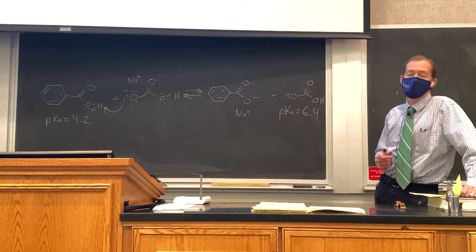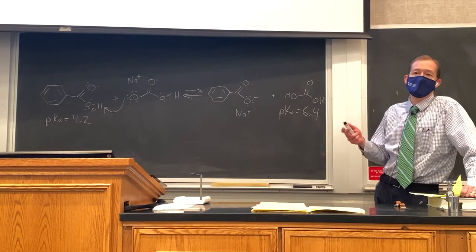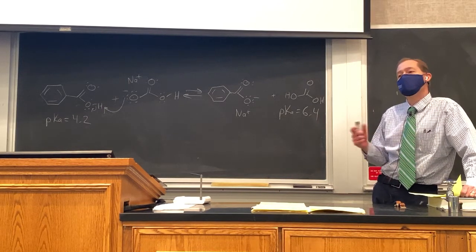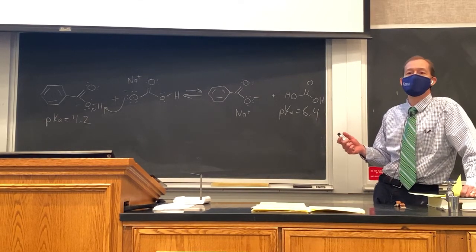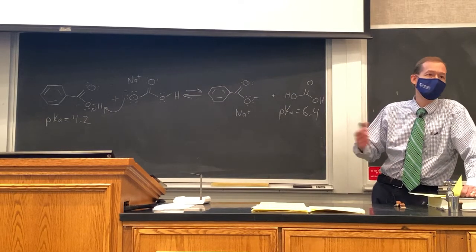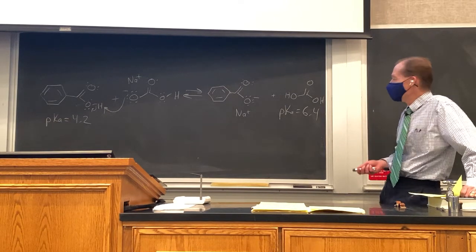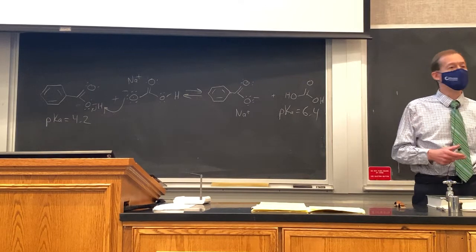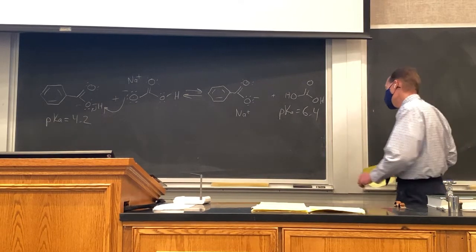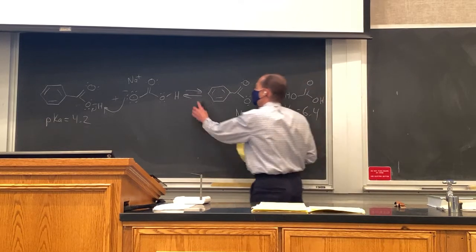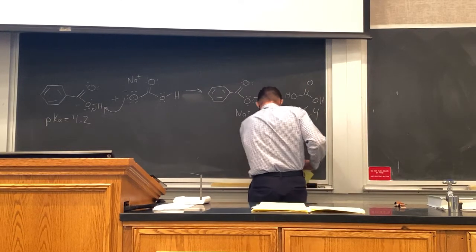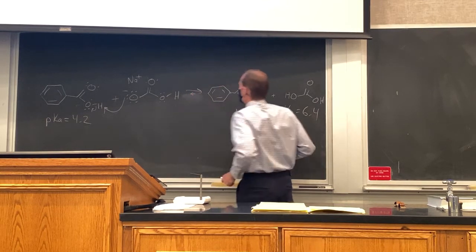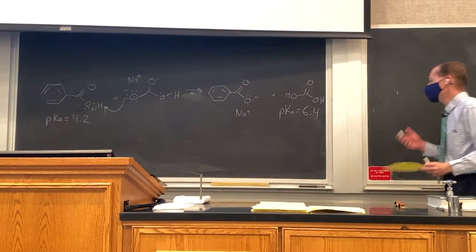And we learned from chapter 2 that acid-base equilibria are going to be favorable in the direction of forming the weaker acid and the weaker base. So if the pKa of our conjugate acid is higher than the pKa of our acid, then that reaction is going to be favorable. So for this particular acid-base reaction, we could adjust the way we draw these arrows to show that this is going to be favored.